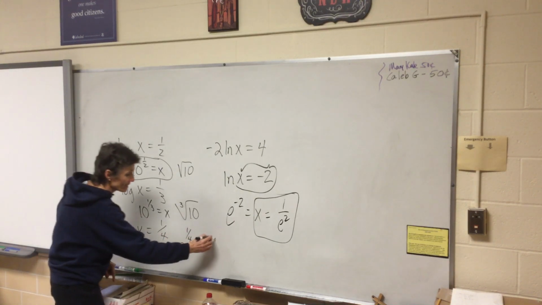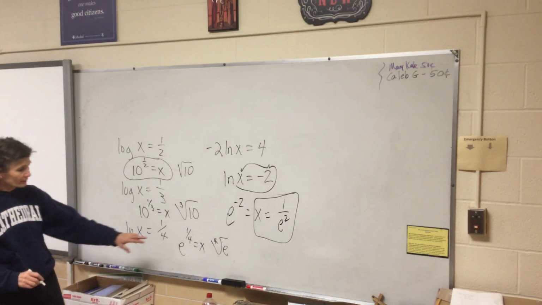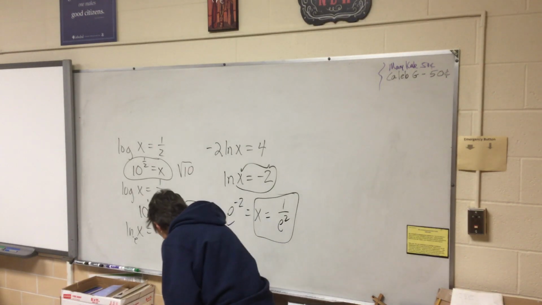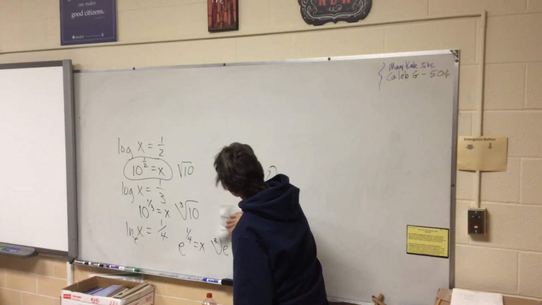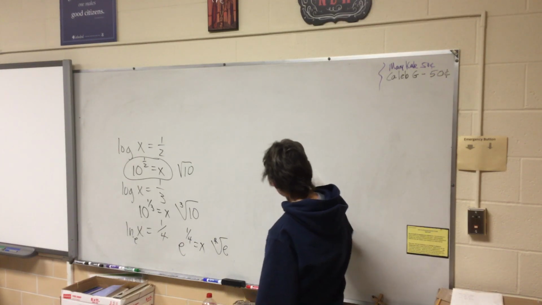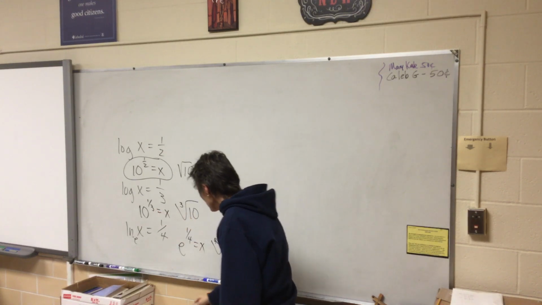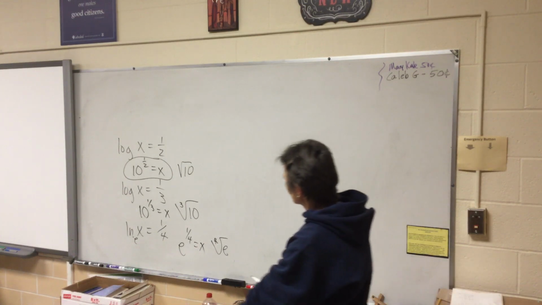And another way of writing that would be the 4th root of e. Again, you can leave them with fractional exponents. There's absolutely nothing wrong with that. Fractional exponents are radicals. So anytime you have a fractional exponent, you know you have a radical.